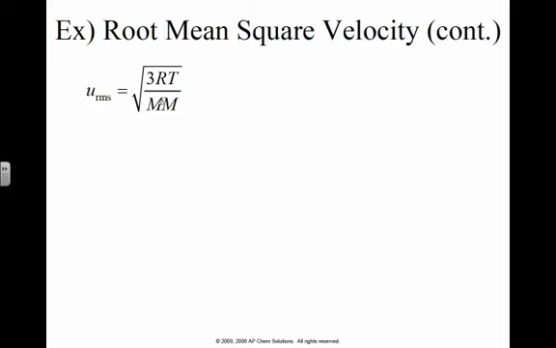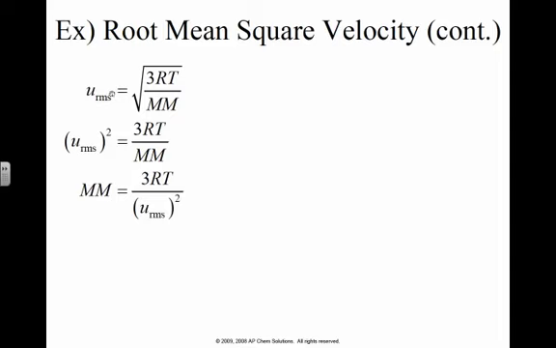So the first thing I would personally do when I plug in all my numbers is square both sides. That's going to get rid of the square root right here. Once I do that and rearrange the equation, the molar mass is going to equal 3RT divided by the root mean square squared.